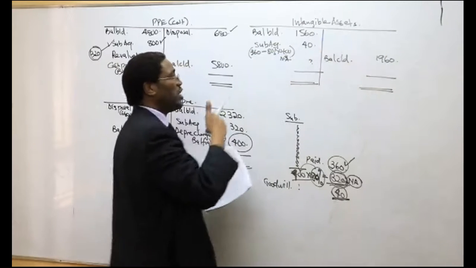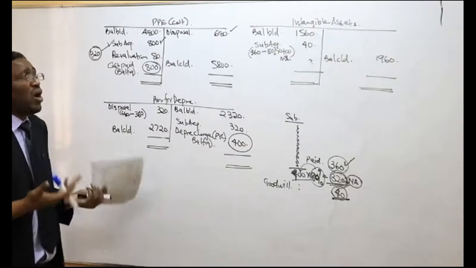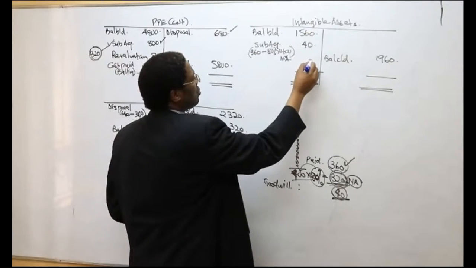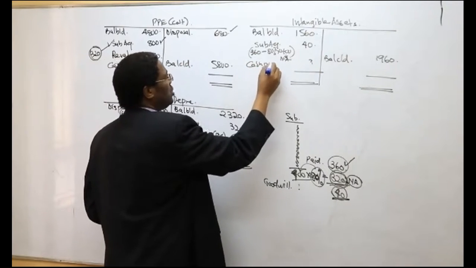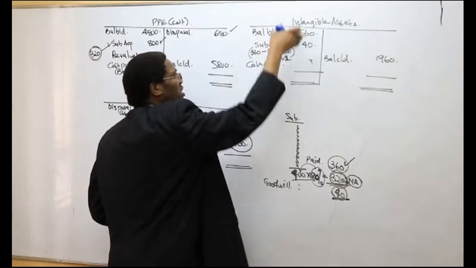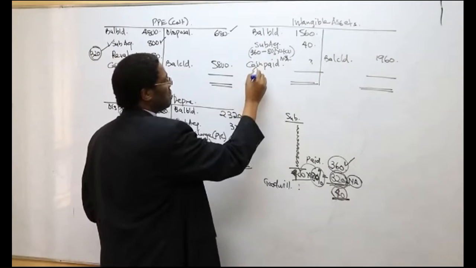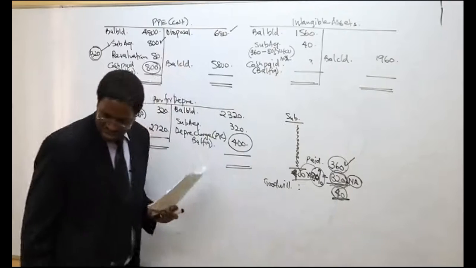It could be impairment or amortization, or it could be that maybe we acquired new intangible assets. So from this illustration, if the difference is on this side, we must have acquired. So we say cash paid. We must have bought some more, because on the debit side, assets normally increase. So we must have bought some more intangible assets, and that is what we get as a balancing figure.